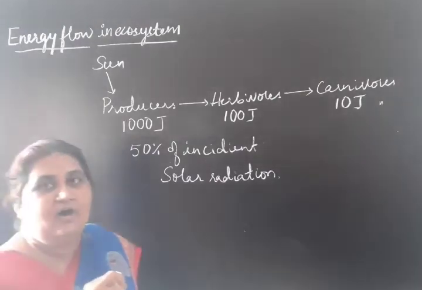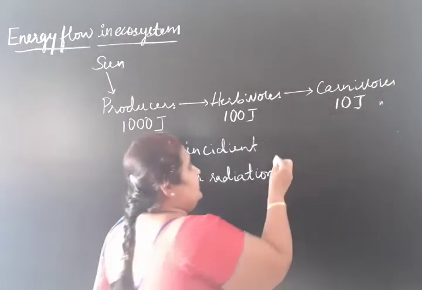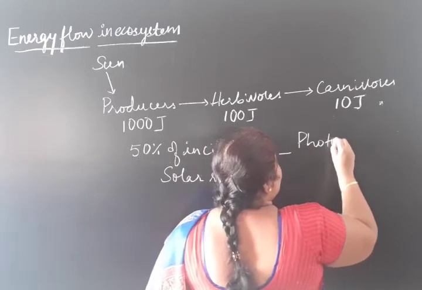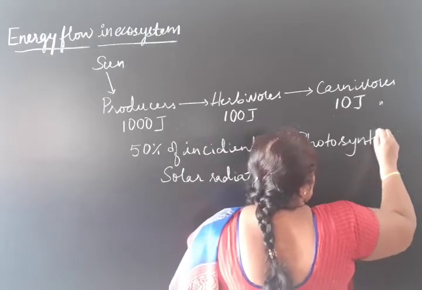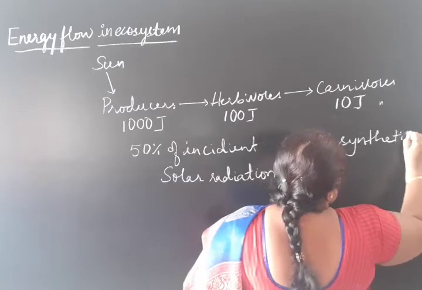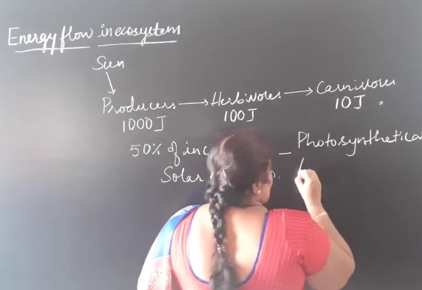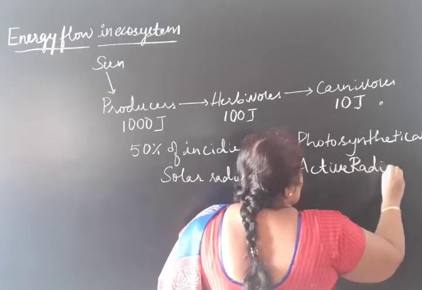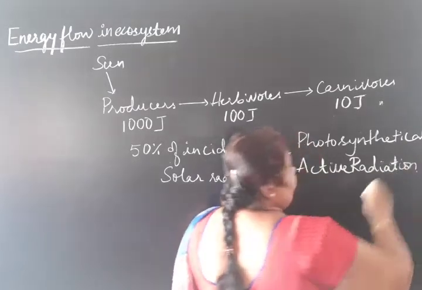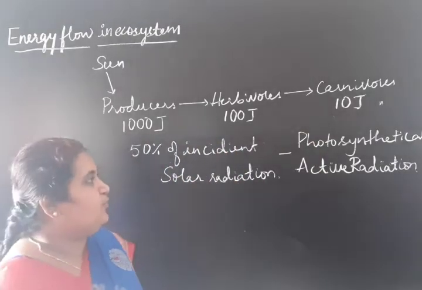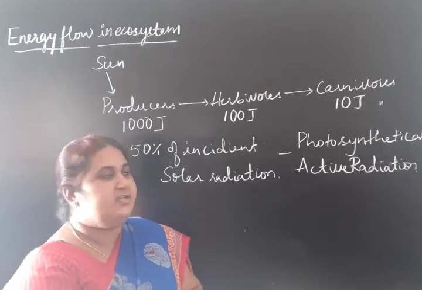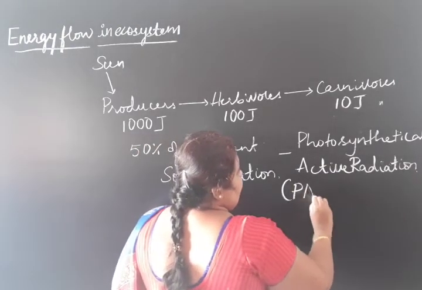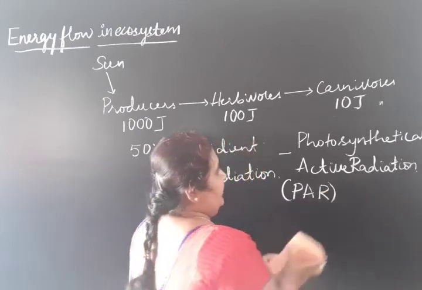Such incident solar radiation is called photosynthetically active radiation. In short, it is called PAR.